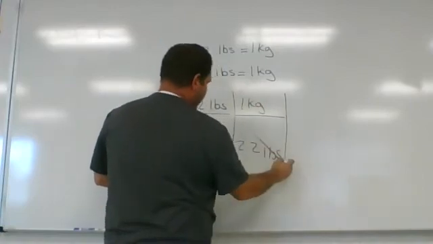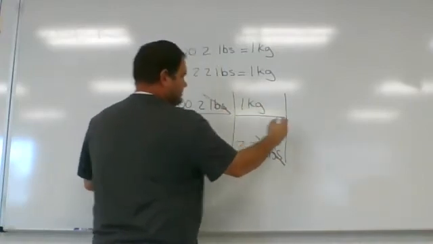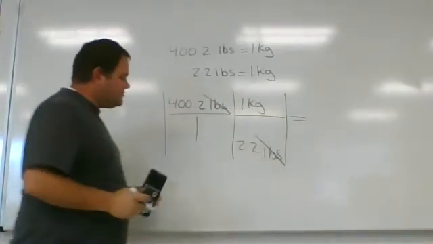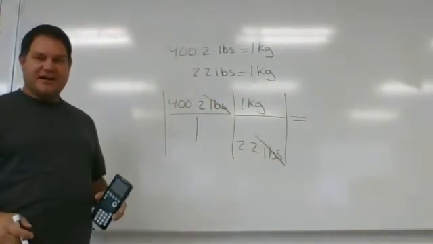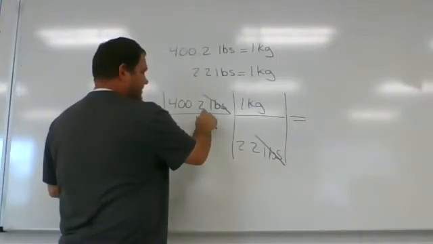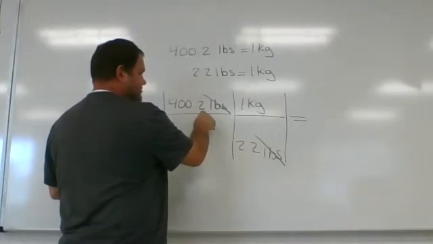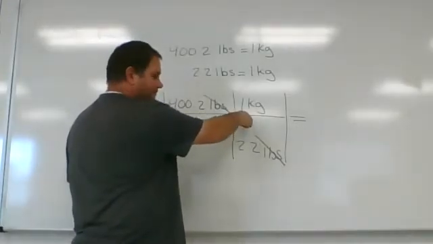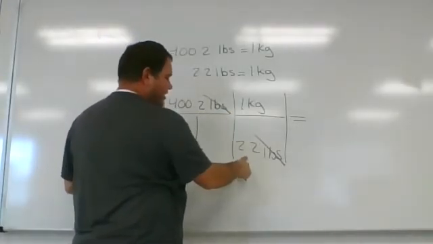And since the pounds eliminate, leaving me with just kilograms left, I am done with the problem other than the actual calculation. So remember before, we take our value, our 400.2, we multiply it by the top value and then divide it by the bottom value.